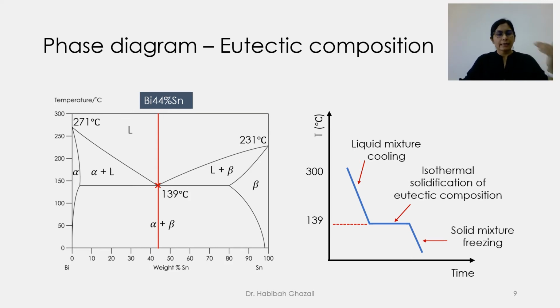As soon as all the liquid transforms into solid, which is alpha solid solution and beta solid solution, the temperature will drop again. So this solidification process is similar to pure metals. This is how the eutectic composition will solidify.